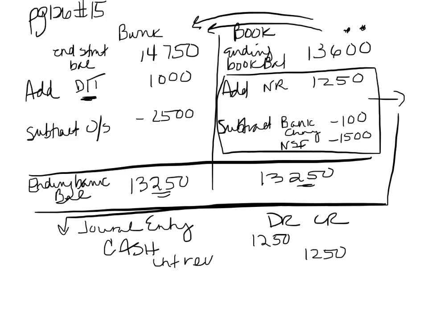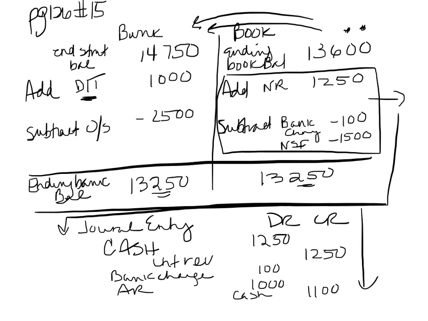In this case, I am then going to debit bank charge expense or bank service charge for $100. I'm also going to add to accounts receivable the NSF check because they owe us that money, and I'm going to credit cash for $1,600. Those would be our journal entries.